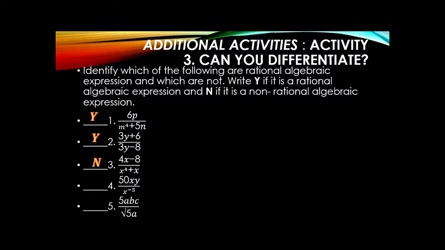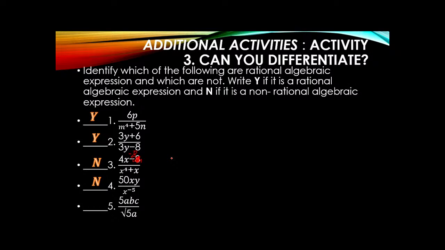Because it is negative 8, number 3, 4x raised to the power of negative 8, is non-rational. So, N. Number 4, 50xy all over x to the power of negative 5. There is a negative 5, therefore it is not a rational algebraic expression.